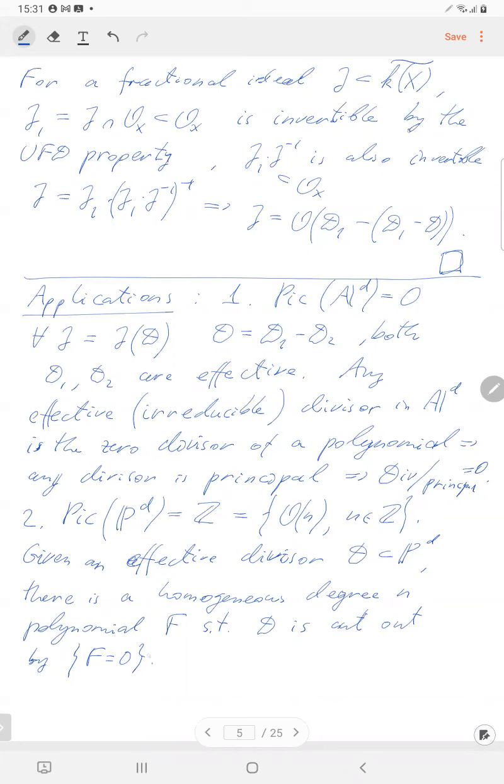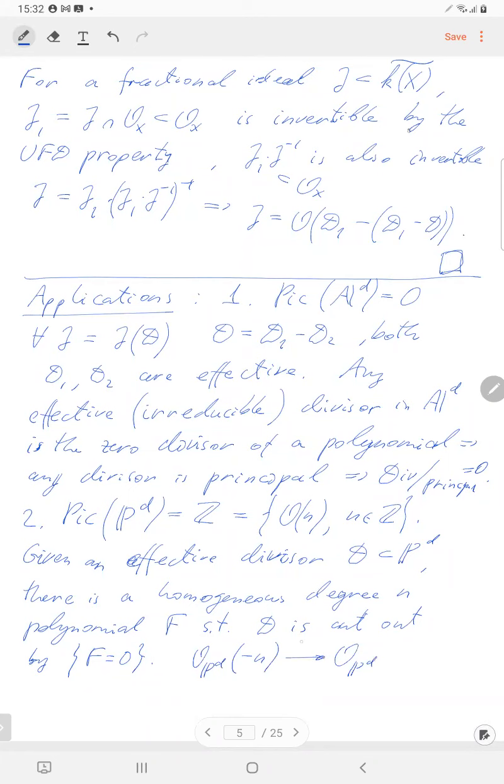Okay. So then again, by local consideration, there is a morphism from O_PD of negative n to O_PD, the structure sheaf.